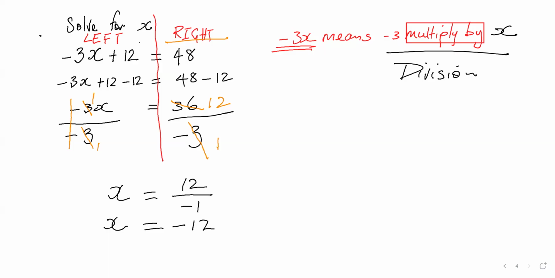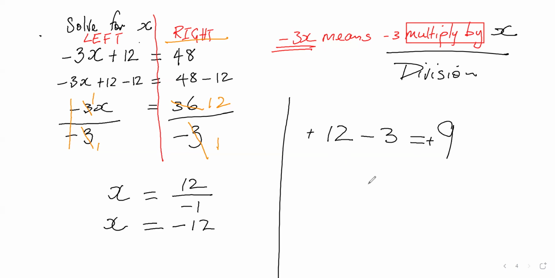So now if I had, let's say, 12 minus 3, that's 9. So the bigger number here is 12, so this is positive as well.